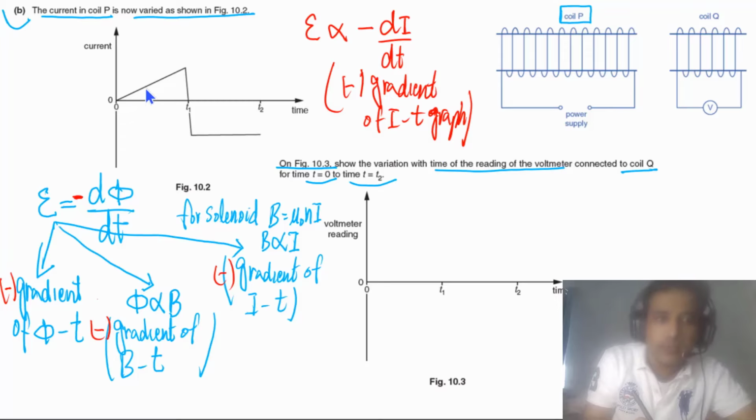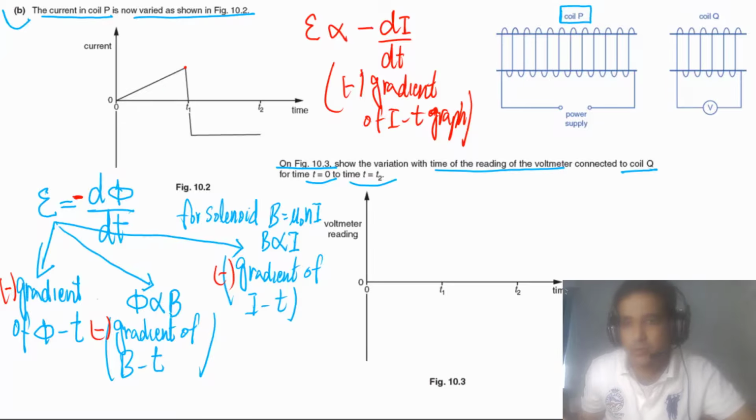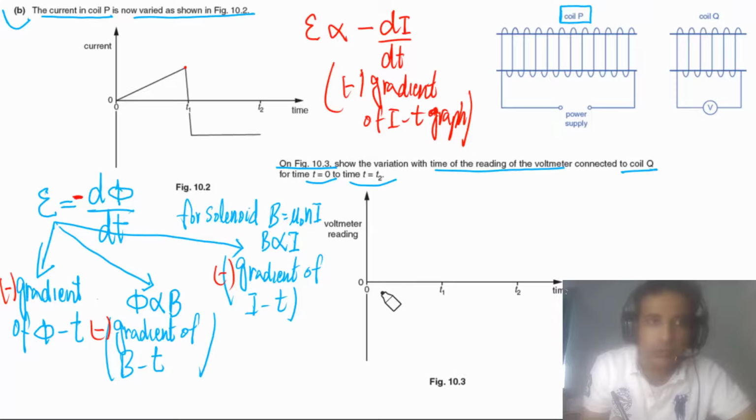If you look at this part until this point, the gradient is positive, so the EMF induced has to be negative. So we can draw a line here until before T1. You can see here is a change.